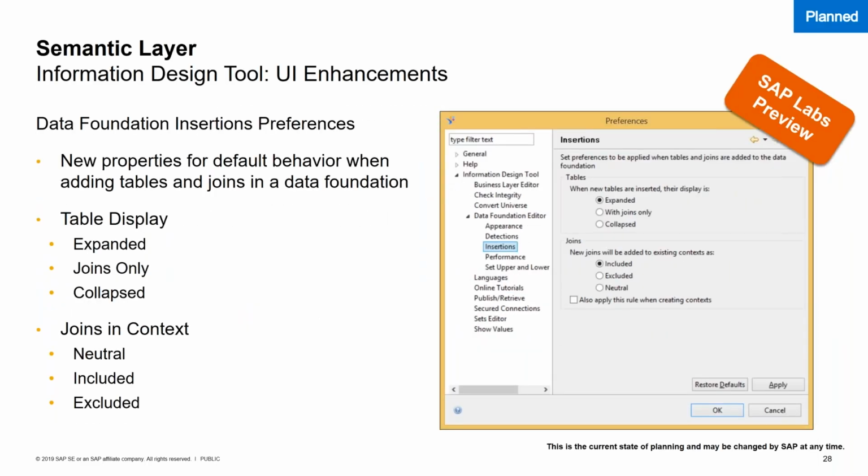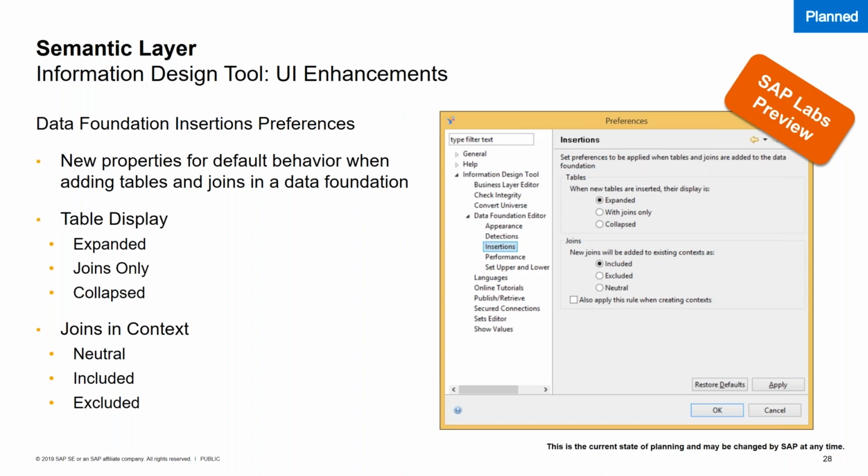Still in IDT, another bunch of user interface enhancements. The way data foundation insertion works can be fine-tuned, so you have new properties that apply by default when you add a new table or a new join into your data foundations. For example, the way the table display behaves: does it have to be expanded by default, do you want to see the join only, or does it have to be collapsed?